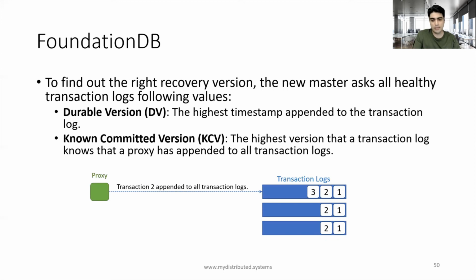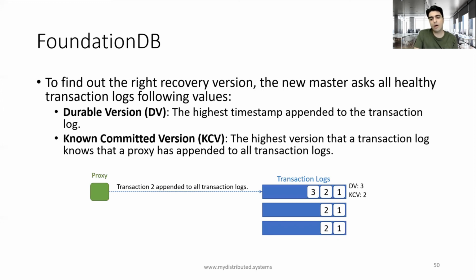Now, at this moment, if you ask the first transaction log what its DV and KCV are, it will return 3 for DV and 2 for KCV. Why? Because the highest timestamp appended to the transaction log is 3, and the highest version that the transaction log knows that the proxy has appended to all transaction logs is 2.